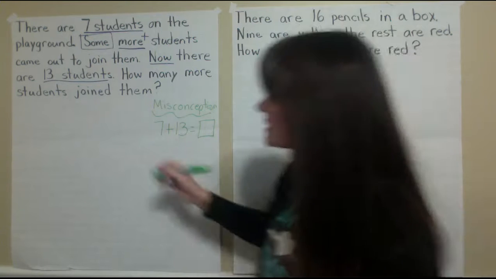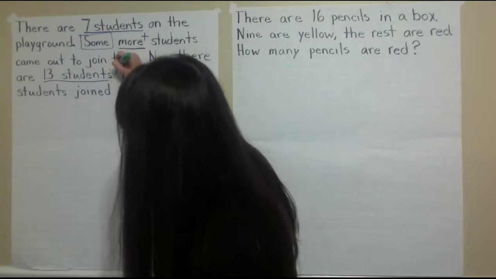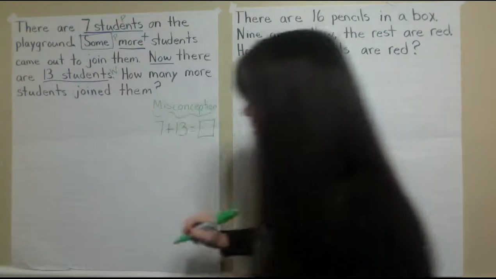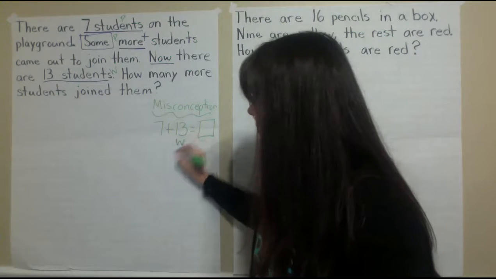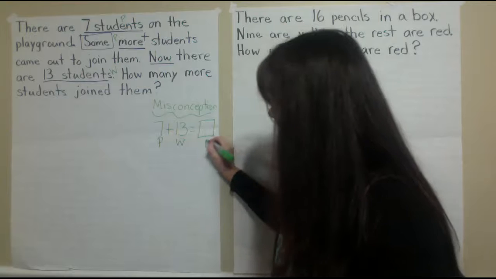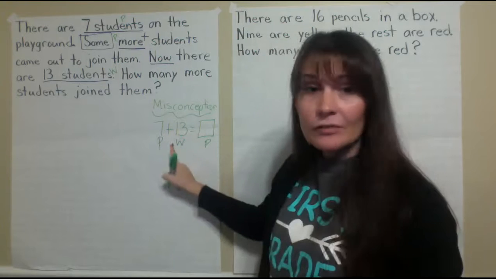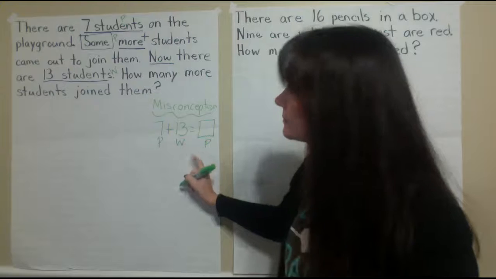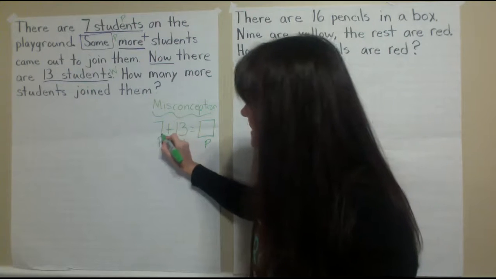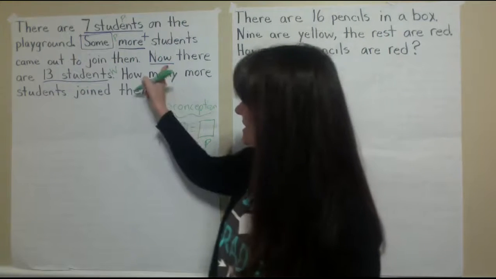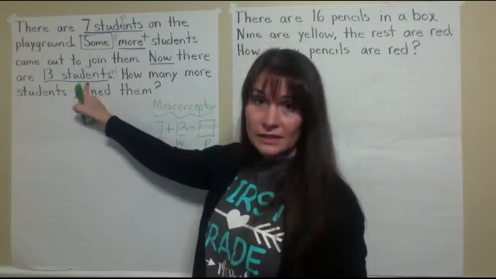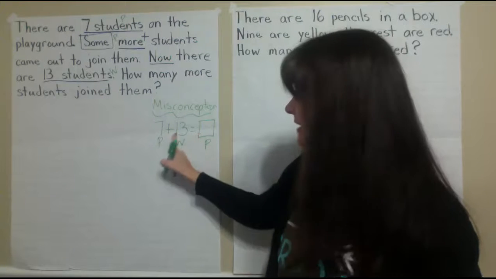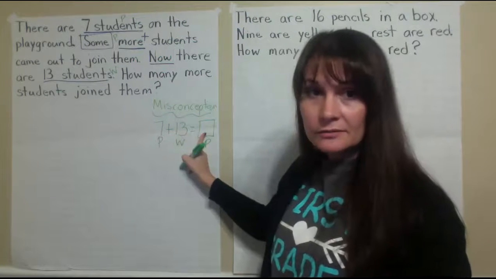No, because 13 is our whole. 7 is our part, and this sum is our part. And if this is our whole, and this is a part, and this is a part, I never add my whole to my part to get my other part. I know I wouldn't say 7 plus 13 because it says now there are 13. This would be more than 13 if I added 7 and 13 together.